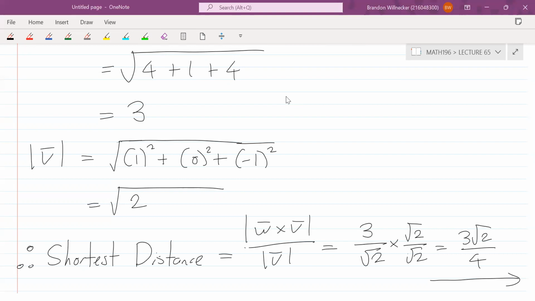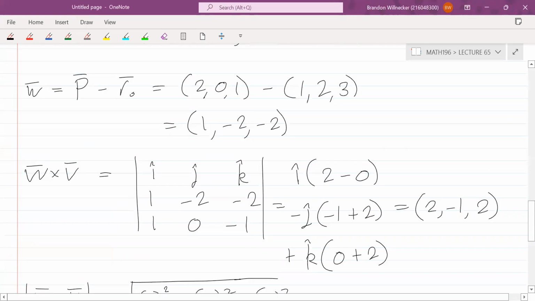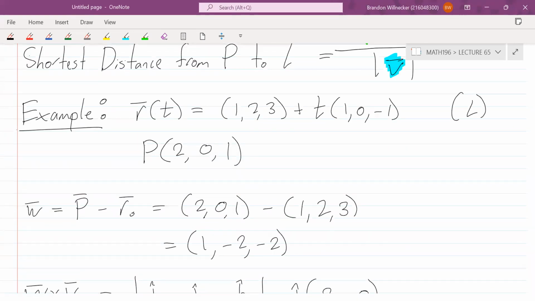Any questions about this example? It's not too bad, just a few steps you need to go through. You find the hypotenuse vector by taking the point P minus R naught.